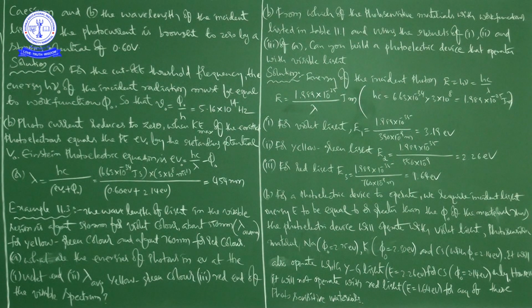The h value is 6.63 into 10 to the power of minus 34 joule second, and the c value is 3 into 10 to the power of 8 meter per second, divided by eV naught, which they have given as 0.60 volt, this is the stopping potential, plus phi naught, which is 2.14 here.